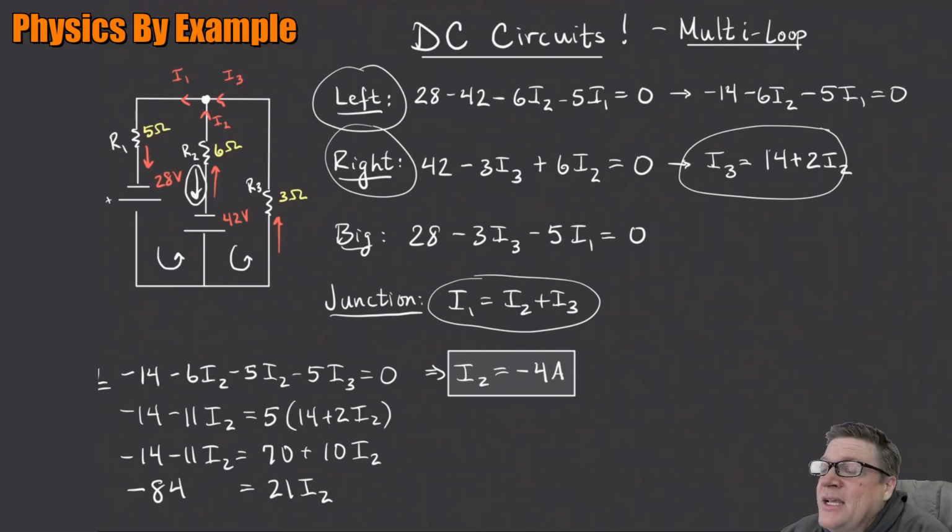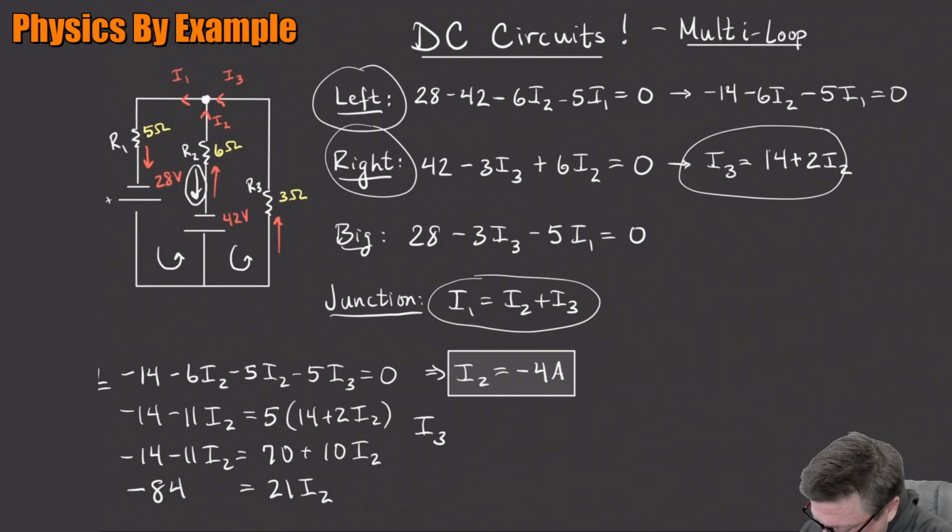Okay, neat. So if that's my I2, let's go and find one of the other ones. Now, if I know that that's I2, I can find I3 really quick. So I3 is 14 plus 2 I2.